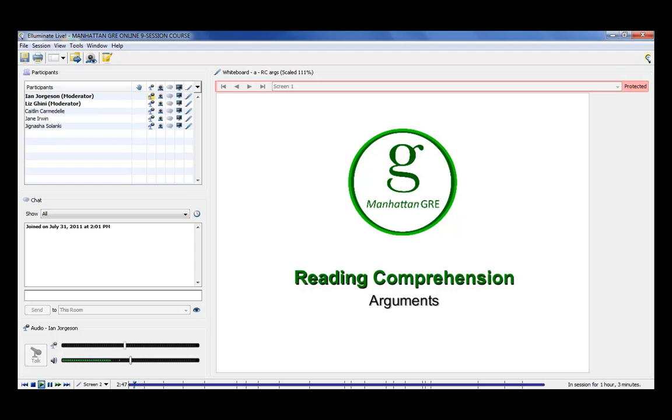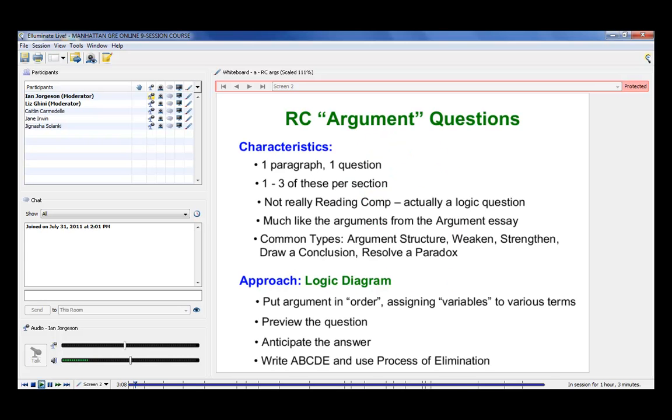But with the coming of the new test in August, which is, wow, just a few days away, tomorrow actually, come to think of it, they are reintroducing this question type. But they're not really giving it its own section. Instead, what they're doing, which I think is very interesting, is they're mixing it in with the reading comprehension stuff.